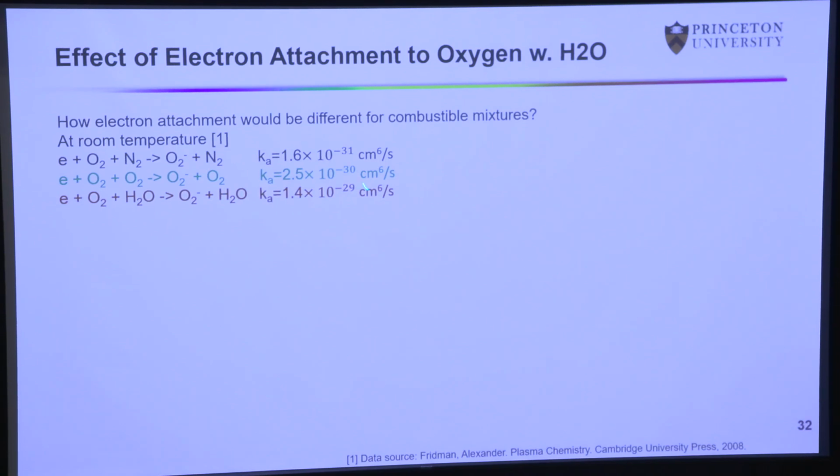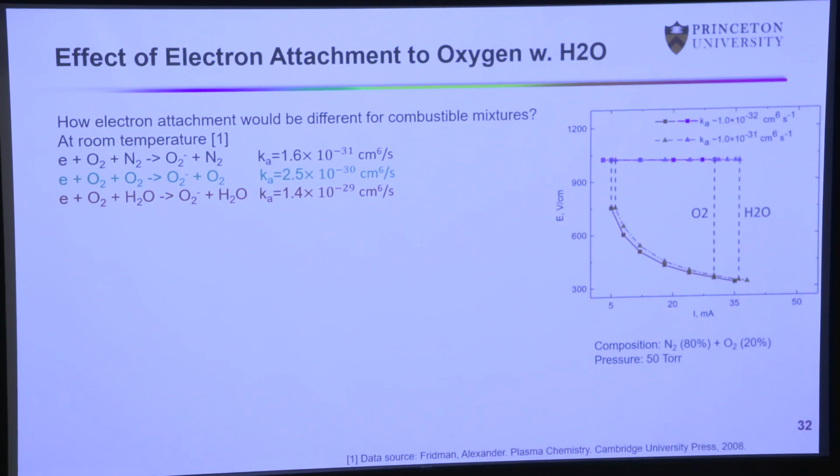The first conclusion I try to show you is about the electron attachment effect. For example, here you can see electron attachment to oxygen, and this reaction rate is 1.6 times 10 to the 31st. If you look at electron attachment to oxygen with water as a collider, that reaction rate is two orders of magnitude faster.